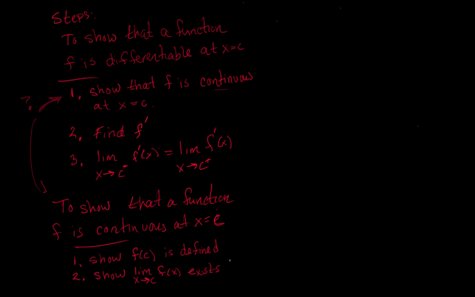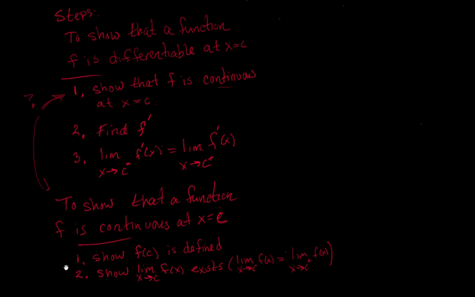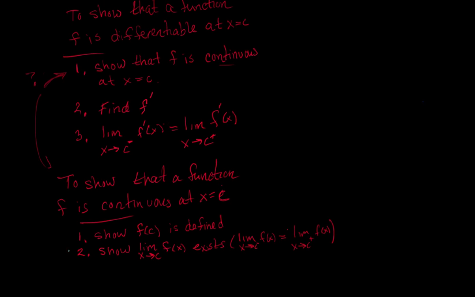In practice, that means showing that the limit as x approaches c from the left of f of x is equal to the limit as x approaches c from the right of f of x. And then finally, the third step, we want to show that the value we got in 1 is the same as the value that we got in 2.